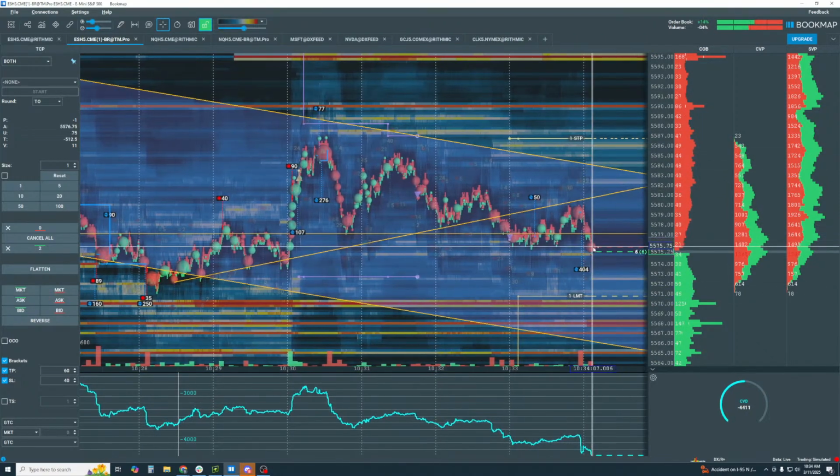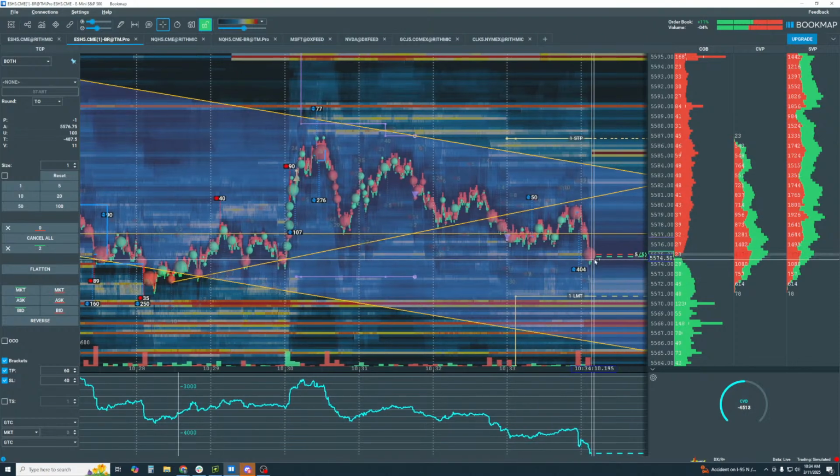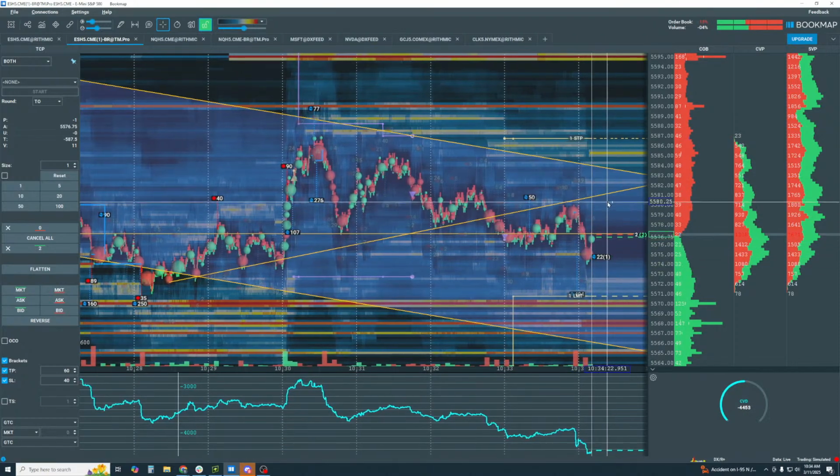We're going to get another break there, and we should see some momentum pick up now at this point.